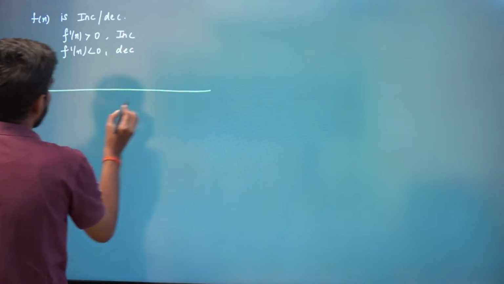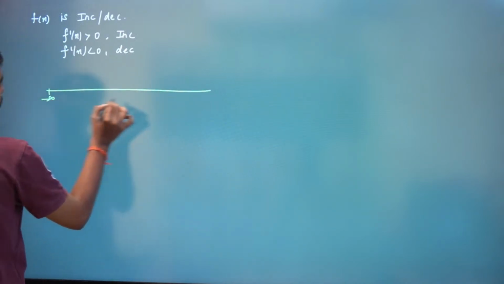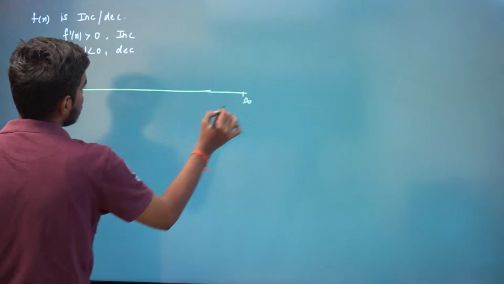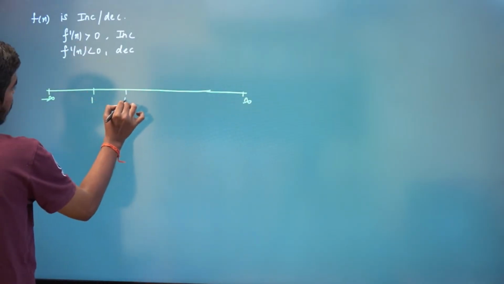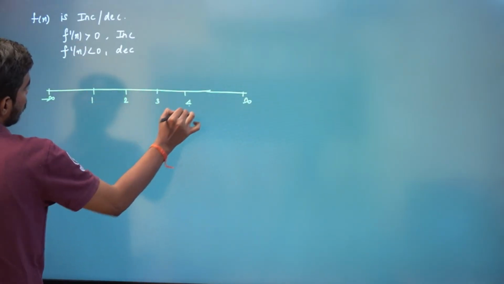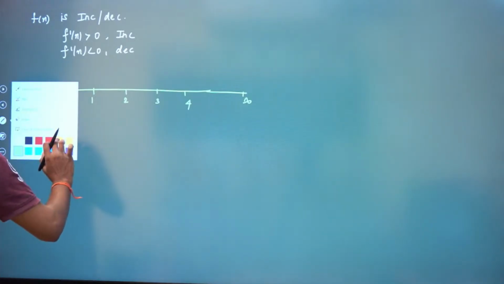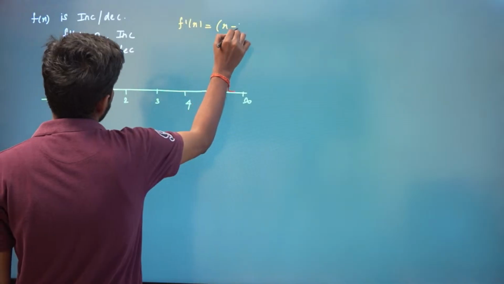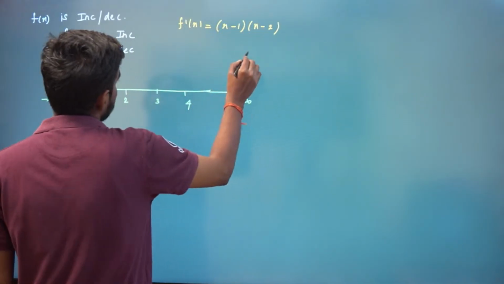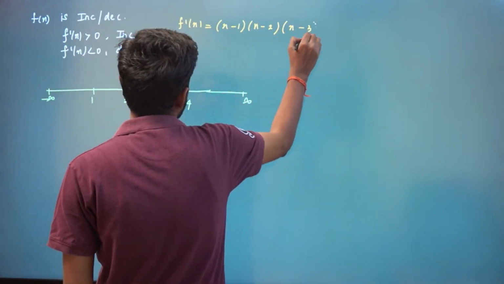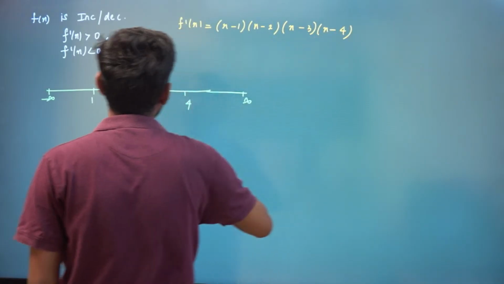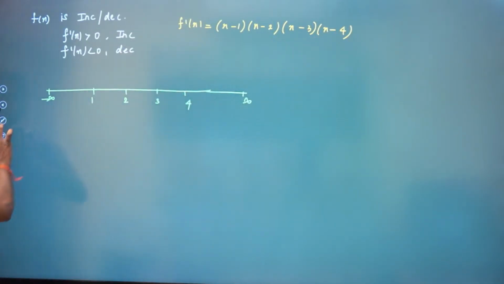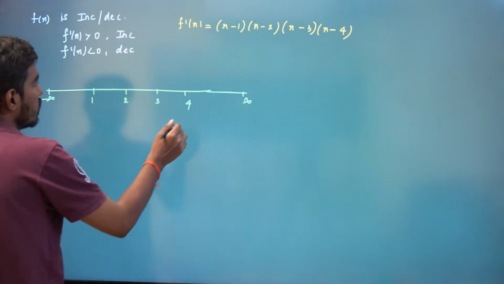So we will check where this function is increasing, decreasing. So we know the critical points. The critical points are given by minus infinity, plus infinity, 1, 2, 3, and 4. So we have f dash of x to be x minus 1, x minus 2, x minus 3, x minus 4. So you take a random value and then you substitute. You take 5 here.